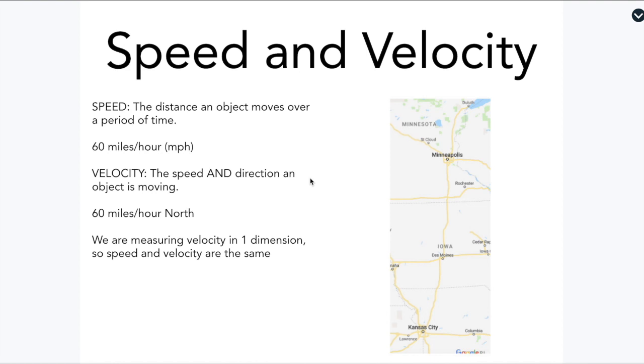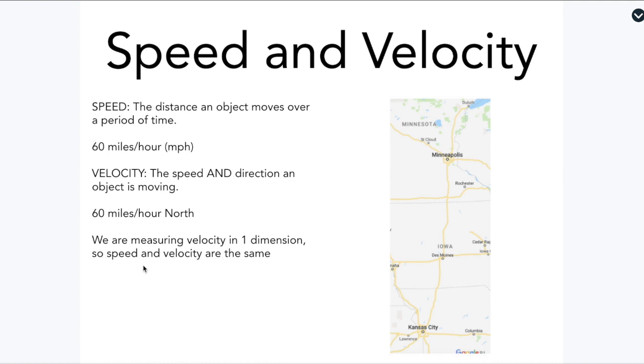Now, here's the thing. In physics, you can add a bunch of different layers. Because we are doing the foundational work of physics, we are measuring velocity in one dimension. We're imagining that everything is going the same direction. Because we are measuring velocity in one dimension to start off our studies, speed and velocity are the same thing, because in our examples there's only one direction an object can be going.